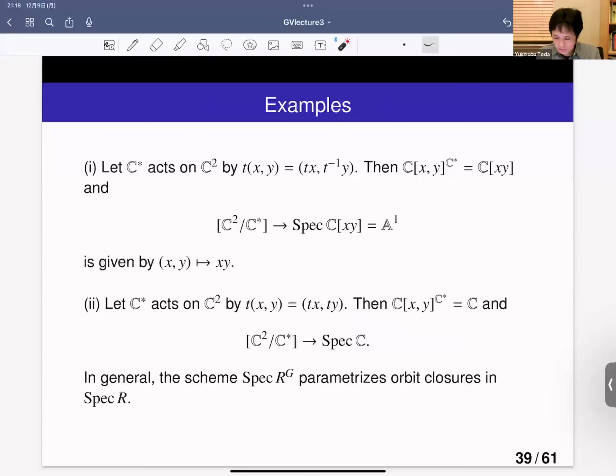Let's consider the following example. Let this one-dimensional torus act on C^2 in this way, with weights 1 and -1. Then it is easy to see that the invariant ring is generated by only one monomial, xy.